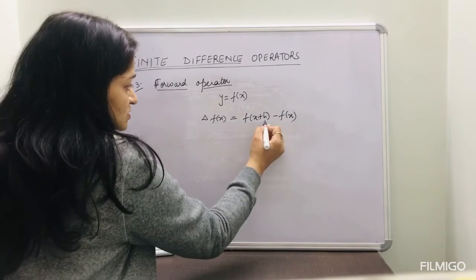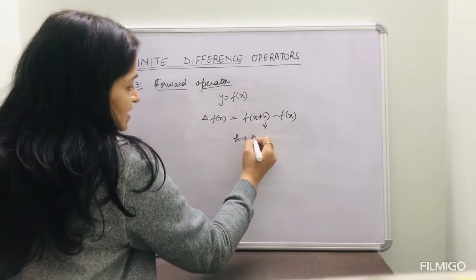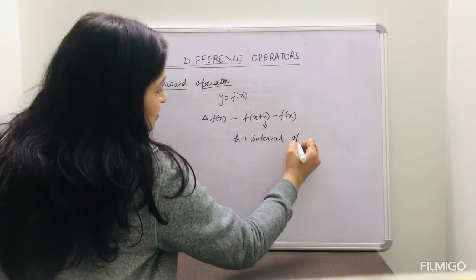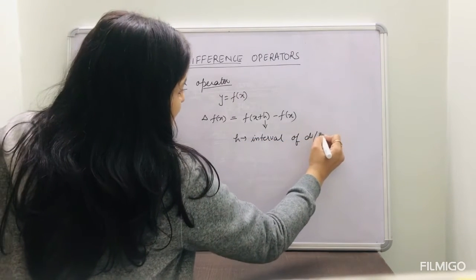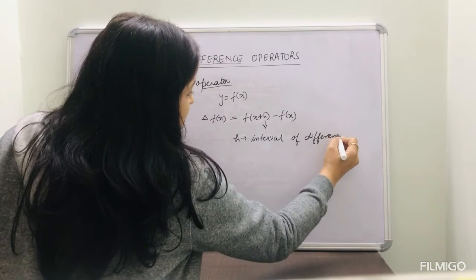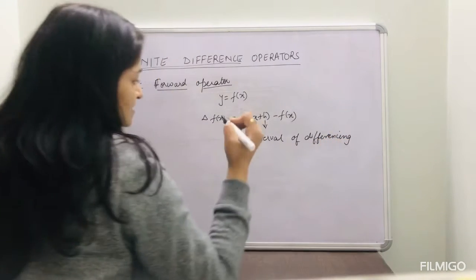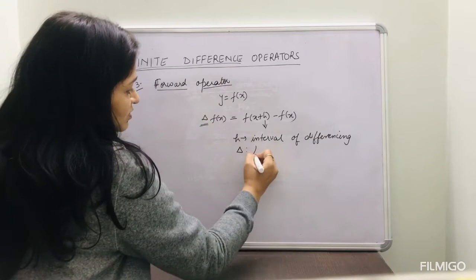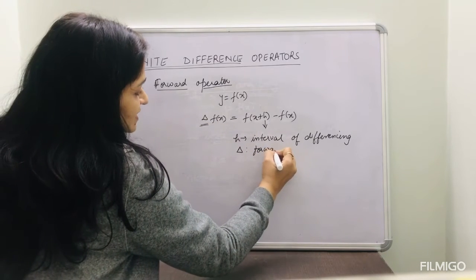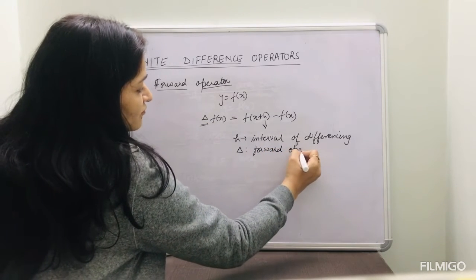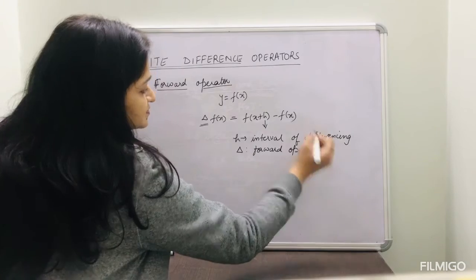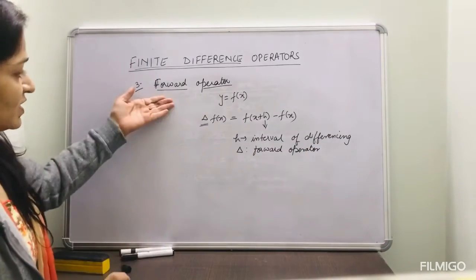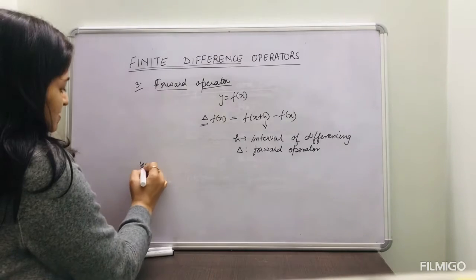Now students, this h is my interval of differencing. And this operator, इसको हम forward operator कहते हैं. Clear?